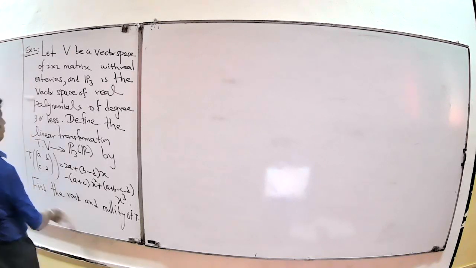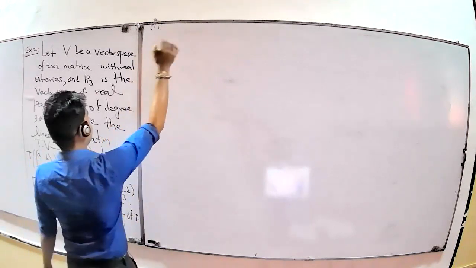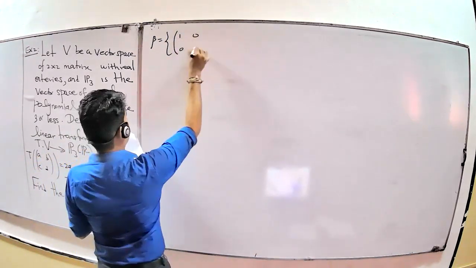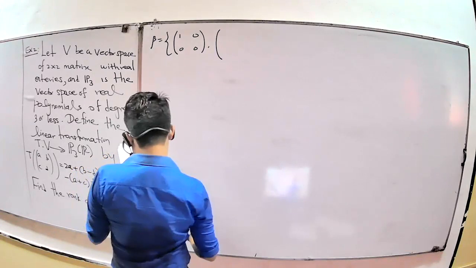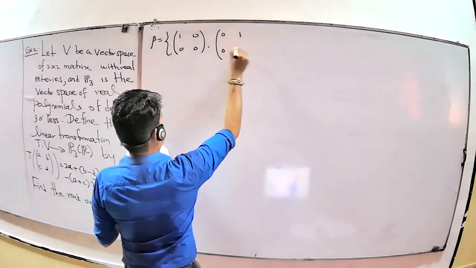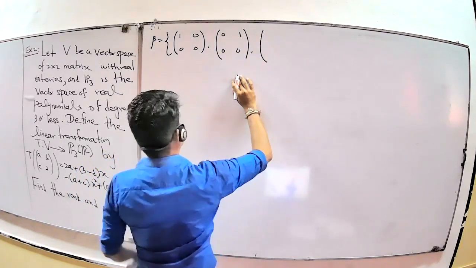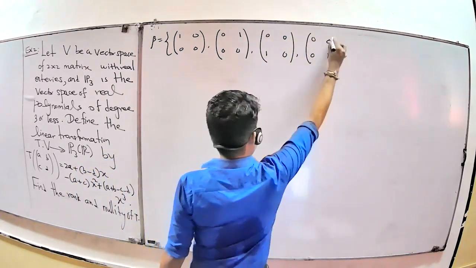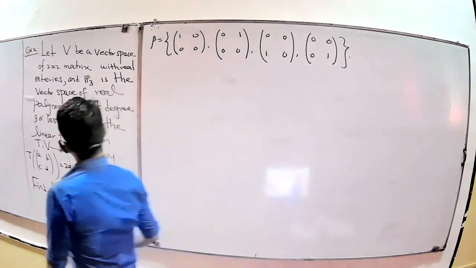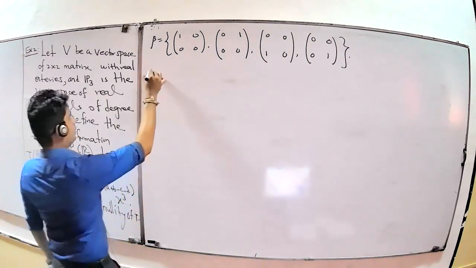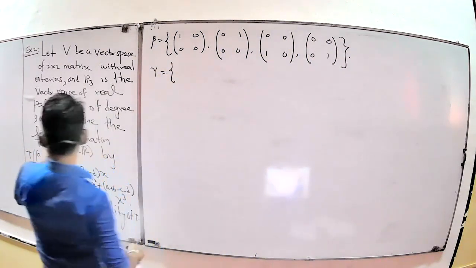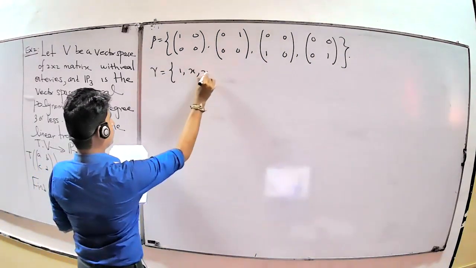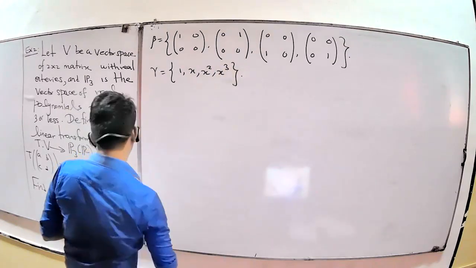Here the ordered basis beta is very important. Use the ordered basis beta for the 2 by 2 matrices: 1 0 0 0, 0 1 0 0, 0 0 1 0, 0 0 0 1. Now gamma is the ordered basis for P3: 1, x, x squared, x cubed.